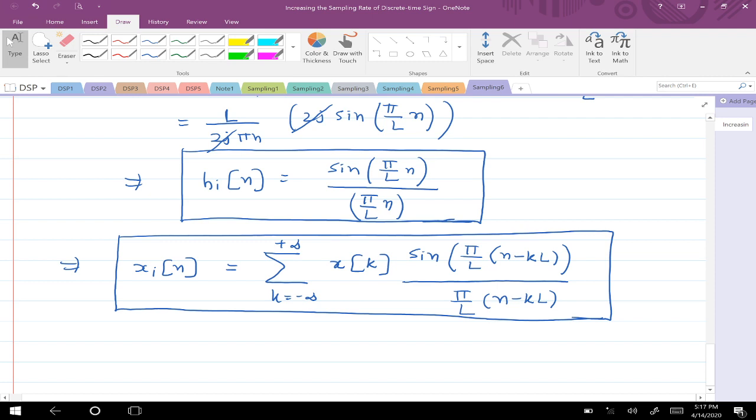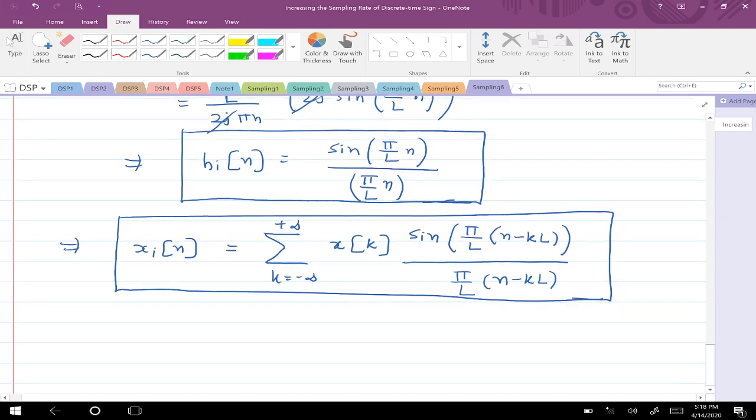Okay. Are there any problems with this? Is the ideal reconstruction filter when you are increasing the sampling rate of a discrete time signal, as it was the case earlier. This involves the sinc functions for an infinite length, and assume that k is very large, that something interpolates you in the middle.